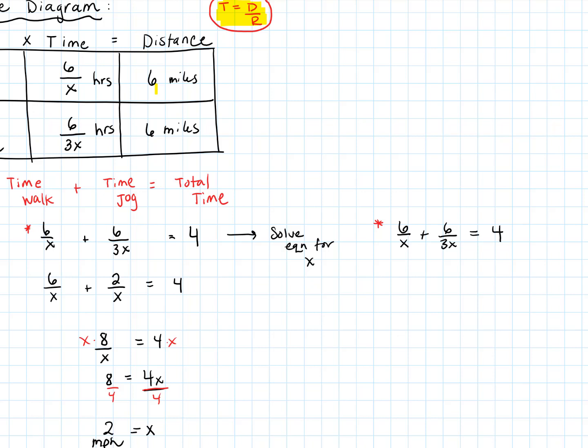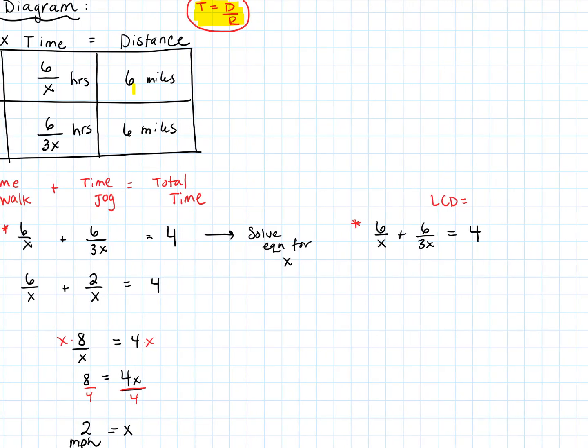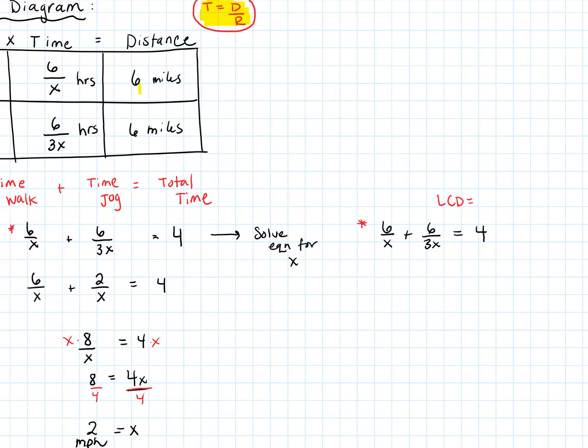So let's pretend like we didn't simplify that. We left it like this. The other thing that we could do, because some of these you won't have a simplification where you can find a common denominator as easily as we did here, is remember our little trick to take the LCD, which is 3x, and multiply both sides of that equation by 3x.